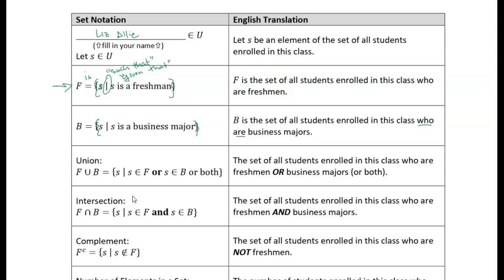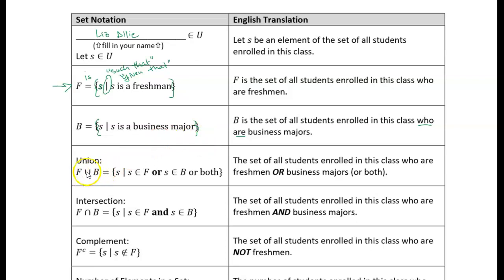Now we had some other sets that were basically the combination of sets. We had the union of sets, where we look at all of the elements in both the freshman set and the business major set. They're either freshmen or business majors or both. So the union of two sets is the combination of the two sets where either the student is an element of the freshman set or the student is an element of the business major set.